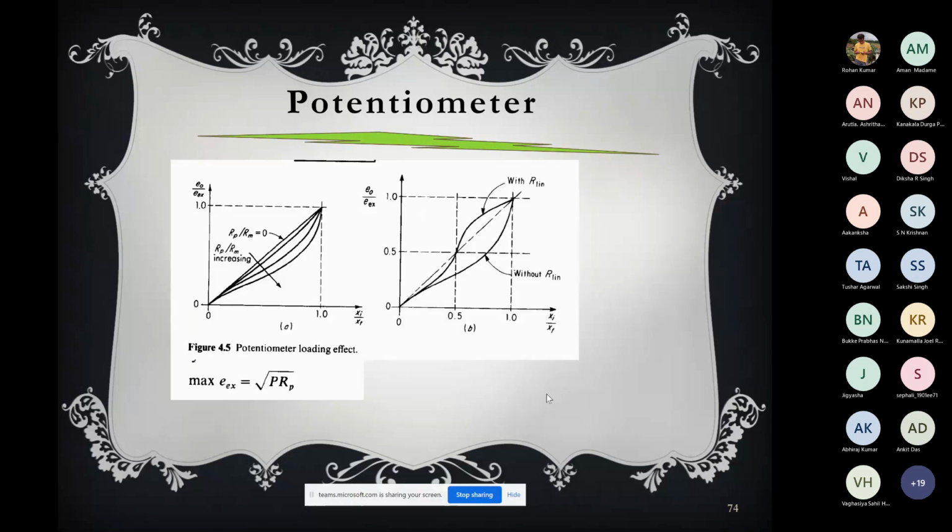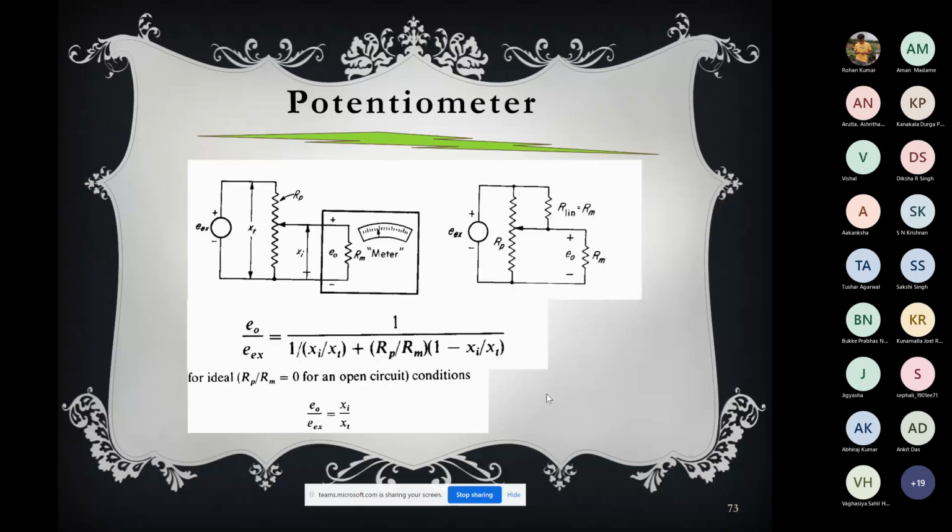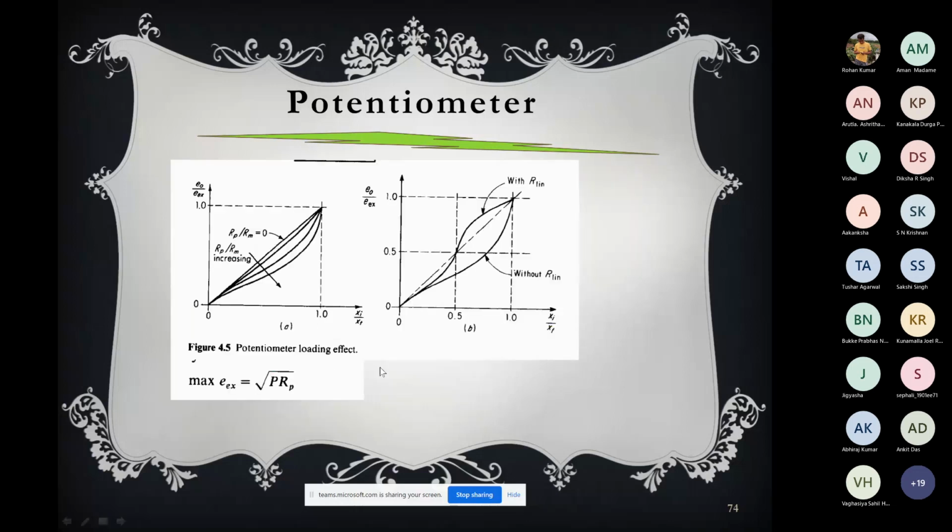Then how will it look if we plot Xi by Xt versus E0? This is the plot. We see that if Rp by Rm equals 0, it will be the straight line that we have seen.